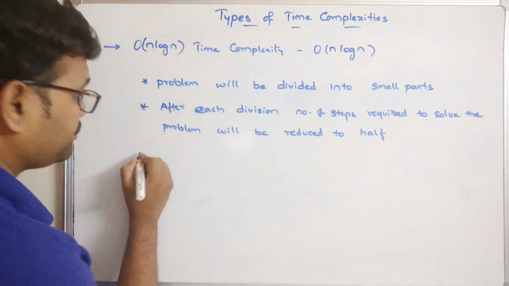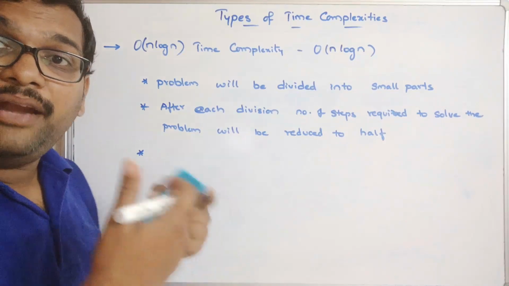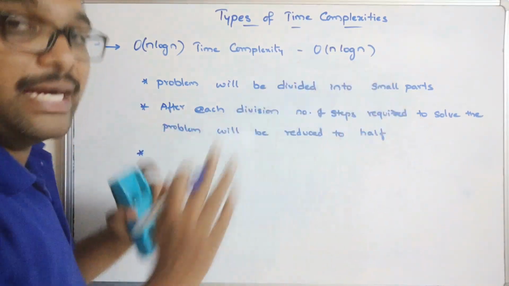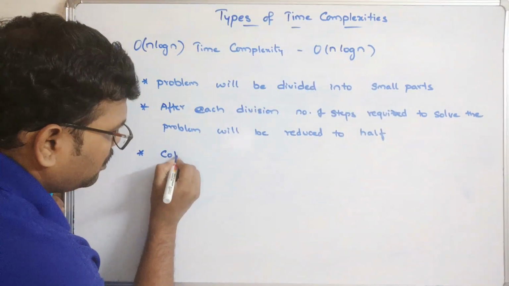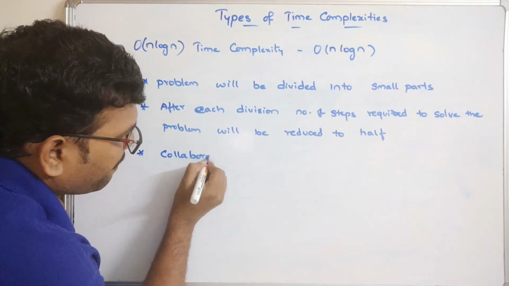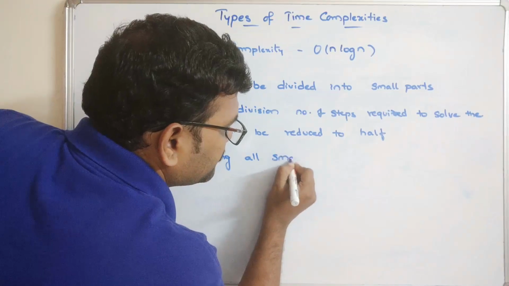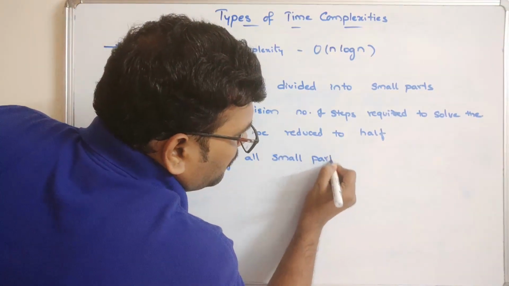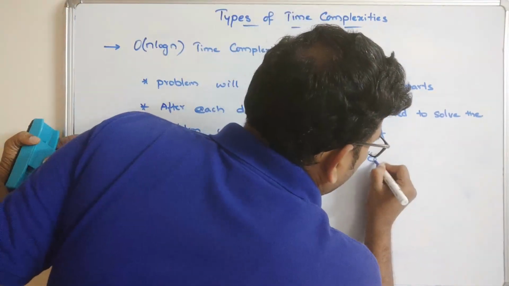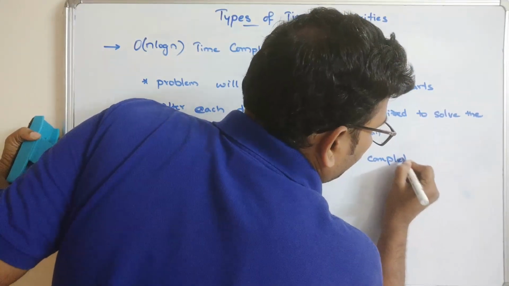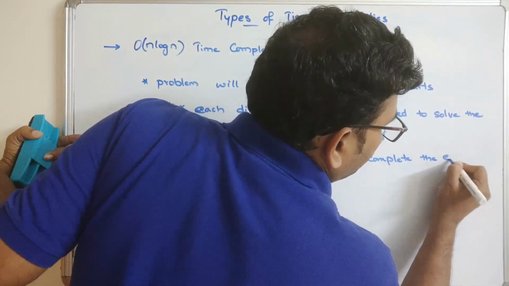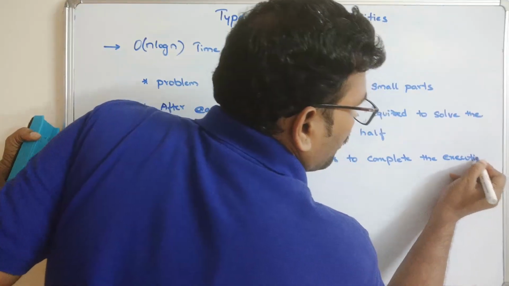After that, collaborating all such small parts, so collaborating all small parts to complete the execution, right?